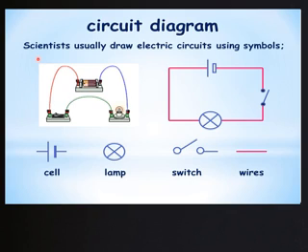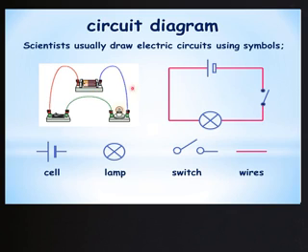Now, circuit diagram. Scientists usually draw electric circuits using symbols. Look at this. This is a simple circuit. This is the switch, this is the battery, this is the bulb. Three components are used in that circuit. But when we draw a circuit diagram, we will draw it like this.